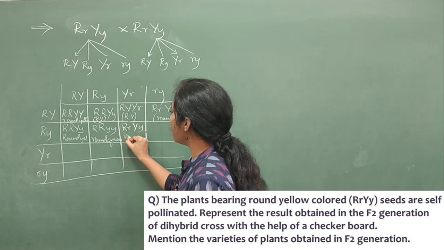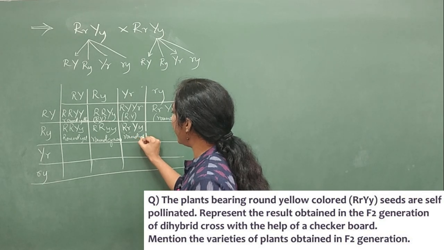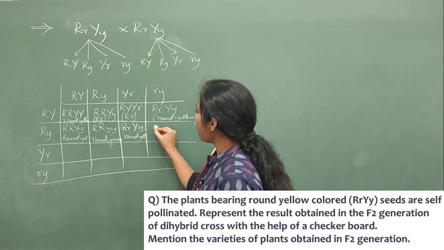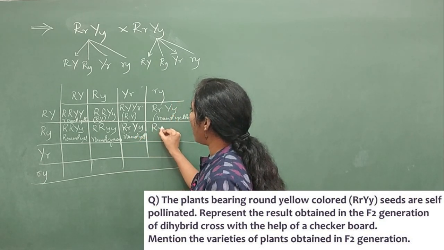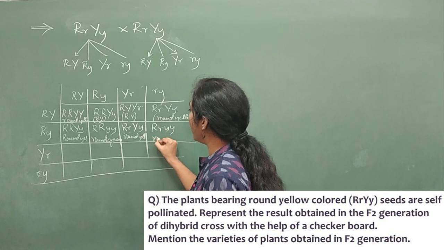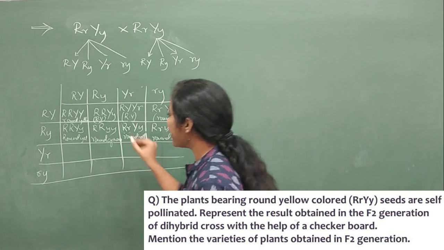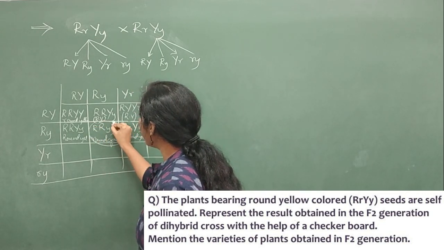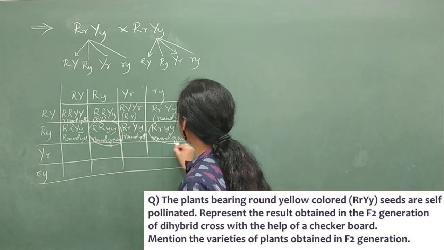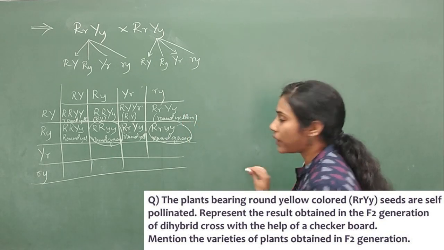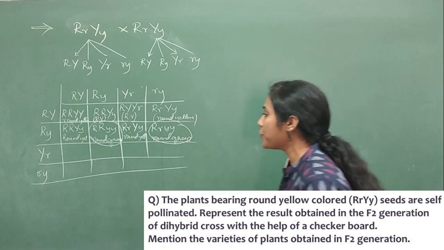So this is also our round and yellow category. Next one, R, Y, Y. So you had got another round green category, isn't it? Okay, let me put one big circle on round green category. Okay, 2 round green categories we have got so far.